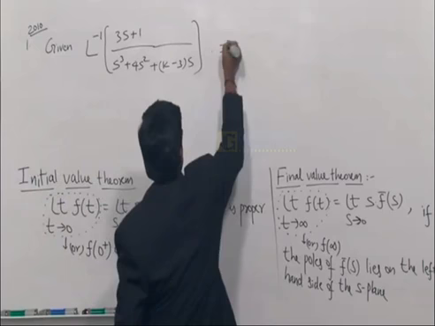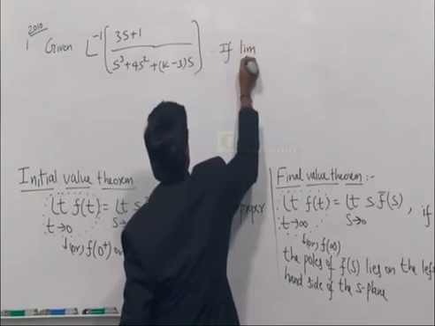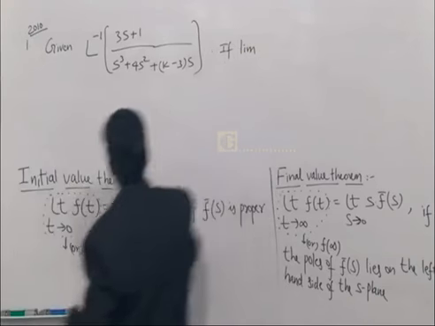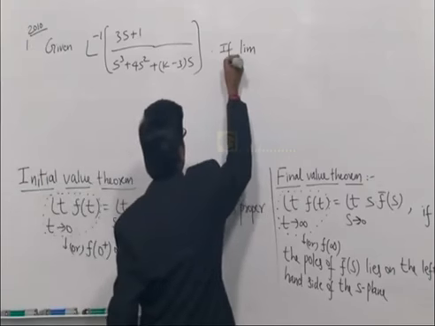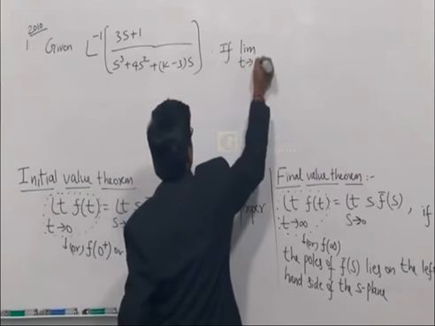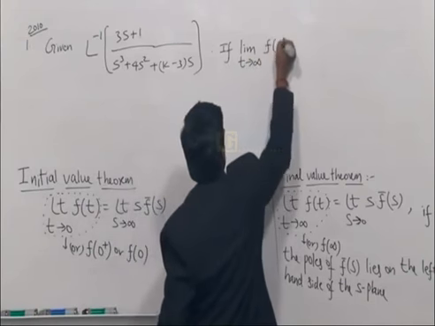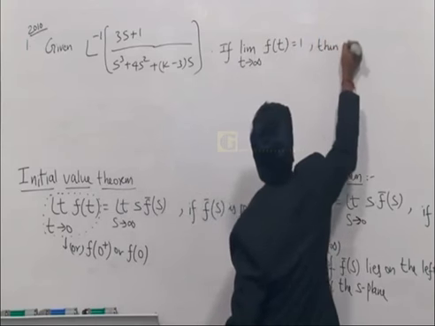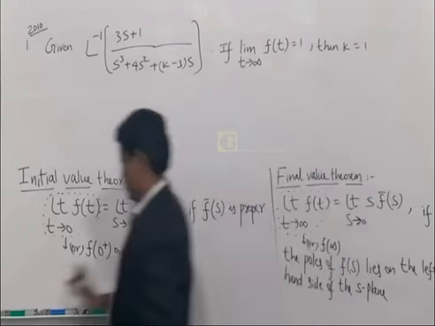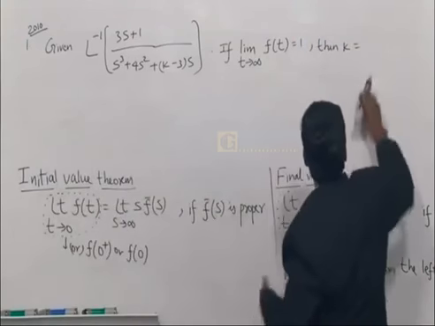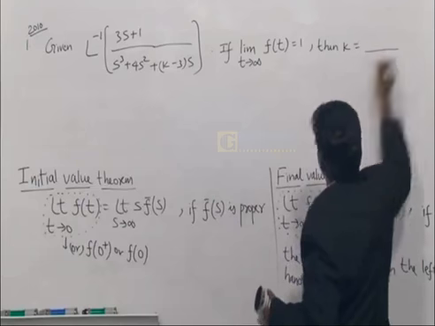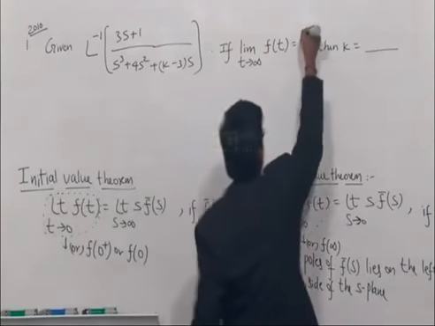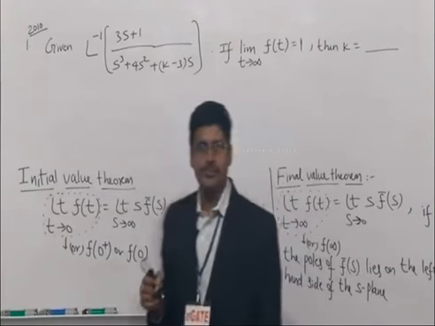If limit t tends to infinity, f of t is equal to 1, then k is equal to. This is given 1.